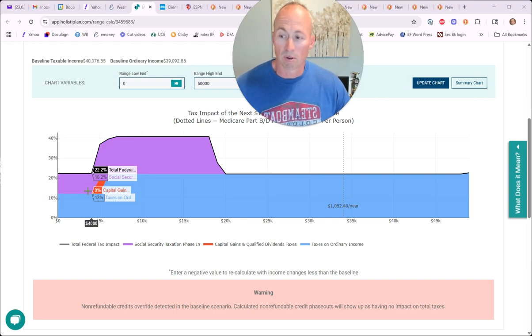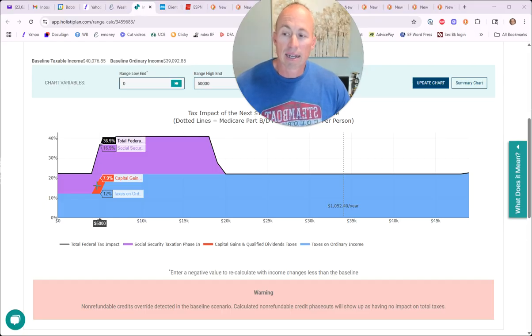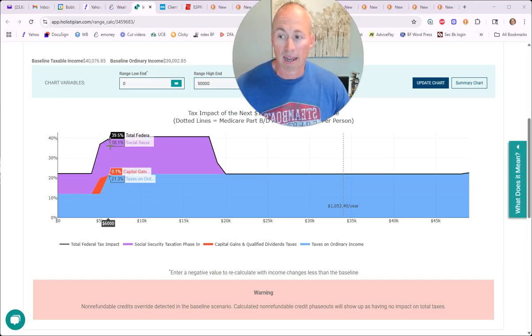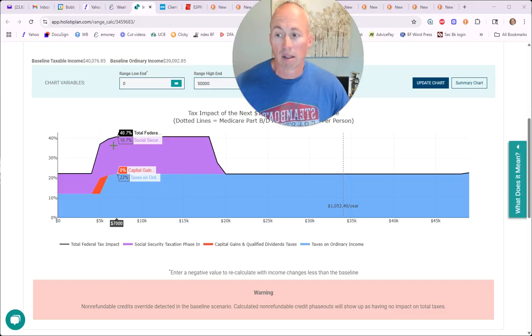Now, beyond $4,000, what does it look like? That's going to cause her long-term capital gains to be taxed, 7.9% on capital gains, and it's going to cause more of her Social Security to be taxed. When we get to $7,000 here, she's paying 22%.